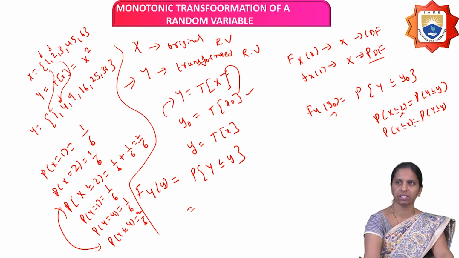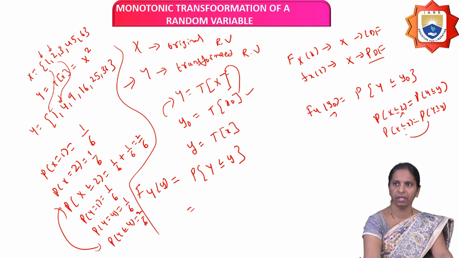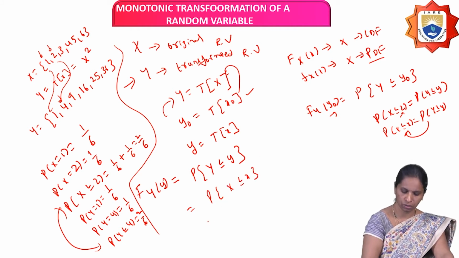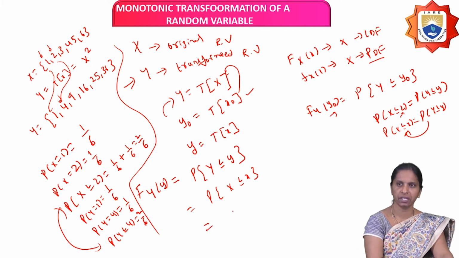Therefore, the probability that Y is less than or equal to y is the probability that X takes a value less than or equal to x. Now, what is P of Y less than or equal to y? That is nothing but the distribution function of the random variable Y.